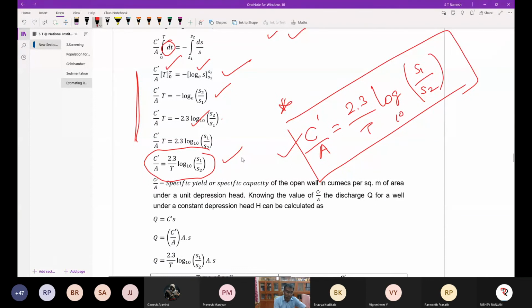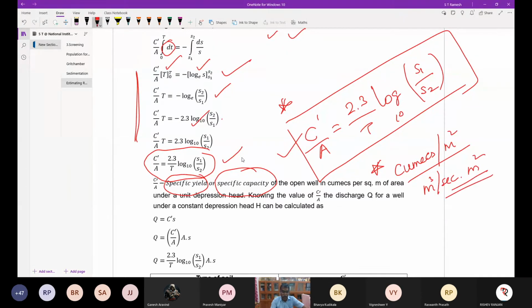Here C' by A is equal to the specific yield of the well, or otherwise called the specific capacity. Please make a note, this is important. Specific yield or specific capacity of the well is expressed as Q max, in meter cube per second per meter square of the area under unit head.